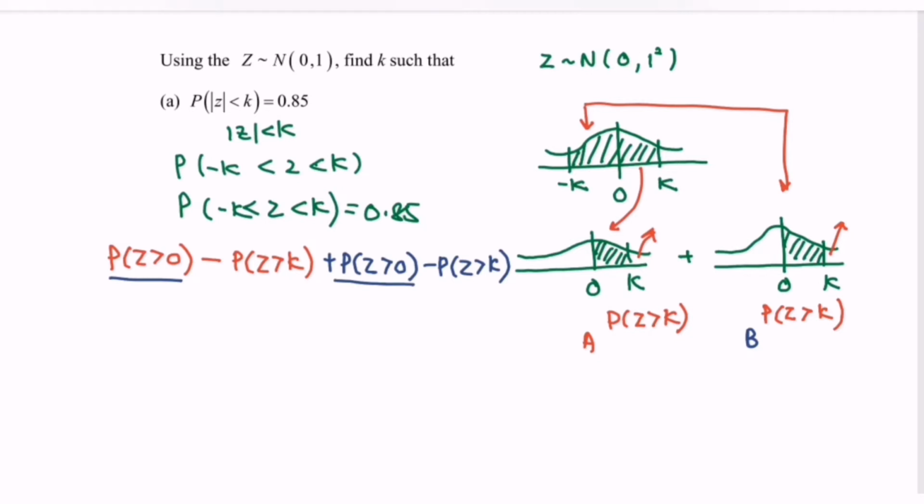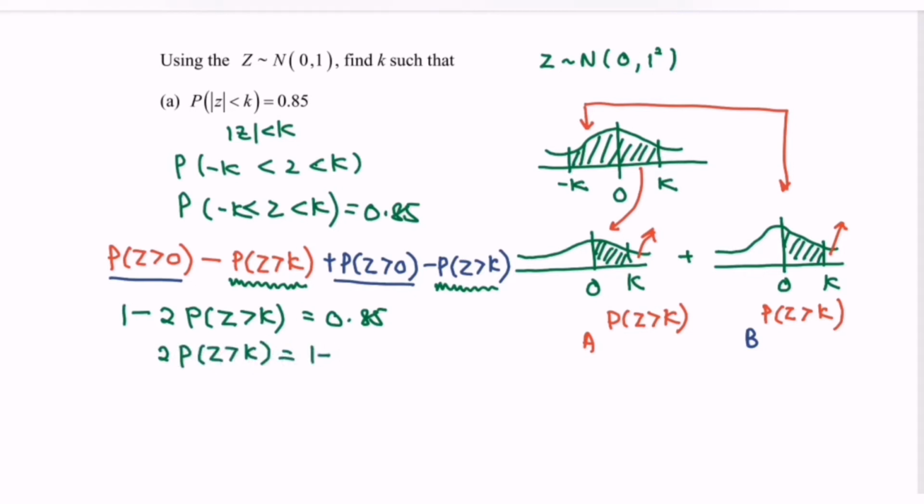So if we total up, we will have 1 minus, notice that we have the probability that Z is greater than K two times. So my suggestion is to sum up the situation. So it becomes 2 multiplied by the probability that Z is greater than K equals 1 minus 0.85.